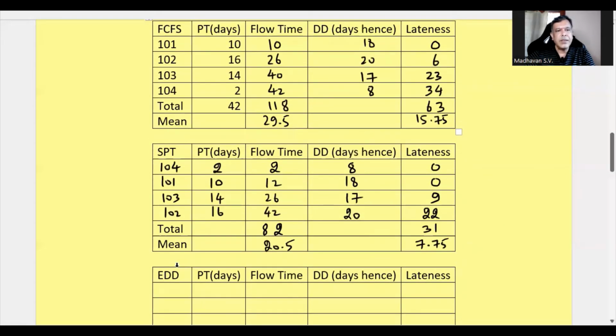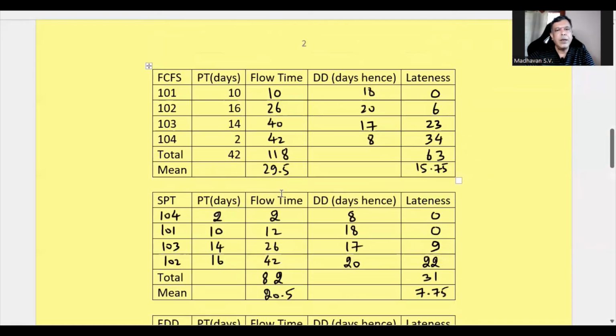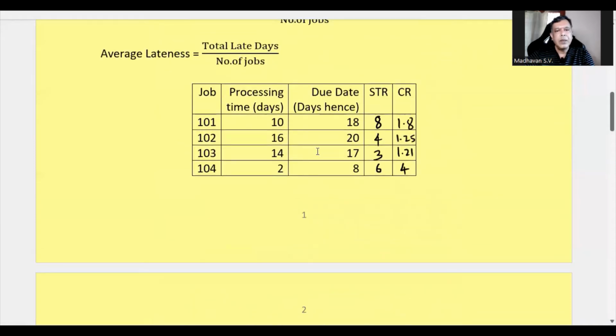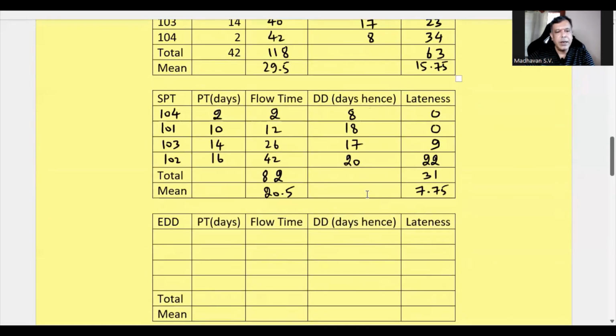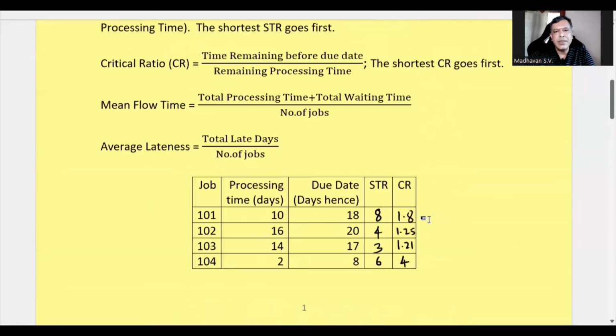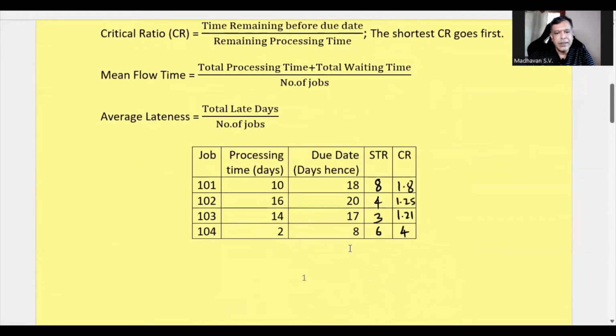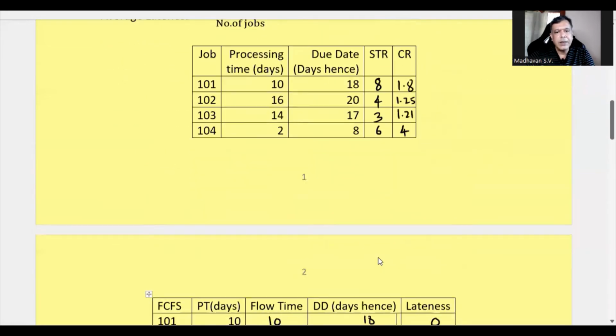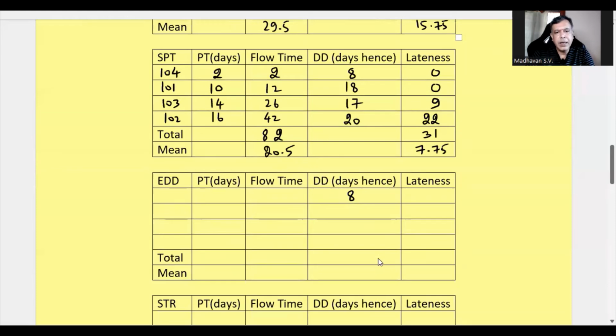Next is earliest due date. If we look into this original data, earliest due date means the least. That is 8 is the earliest due date. Let me write that 8 here. Then the next least is 17. Let me write 17 there. Then the next least is 18.